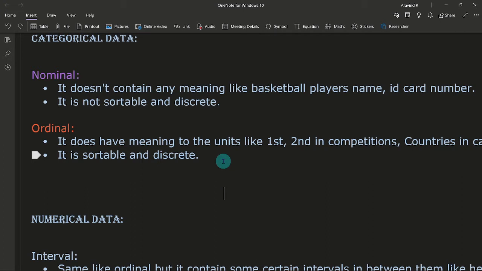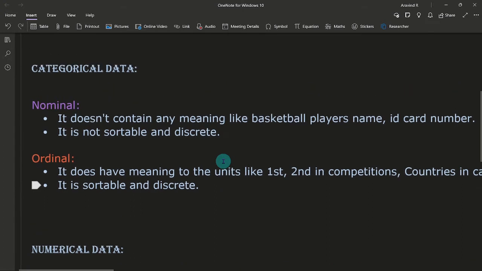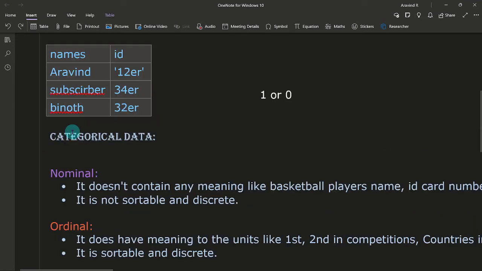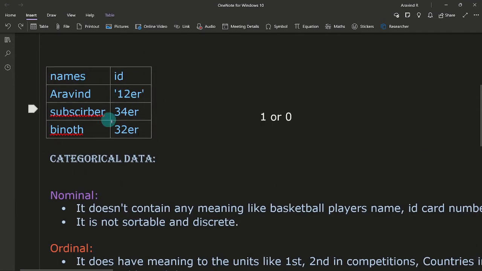Here we used names; in between we can remove the ID number and place the position: first place, second place, third place.